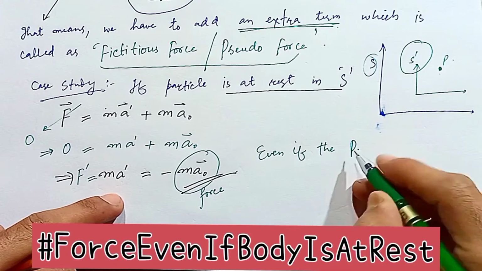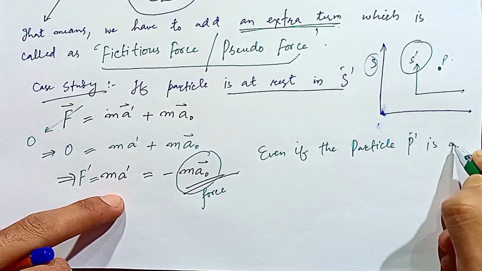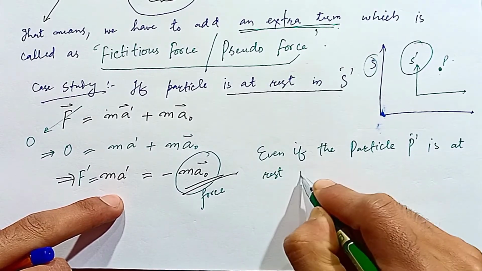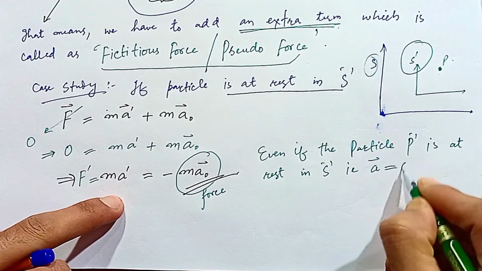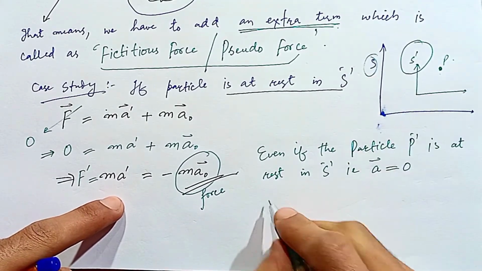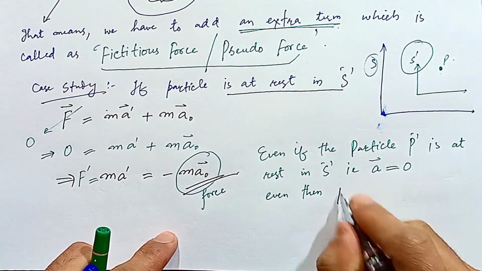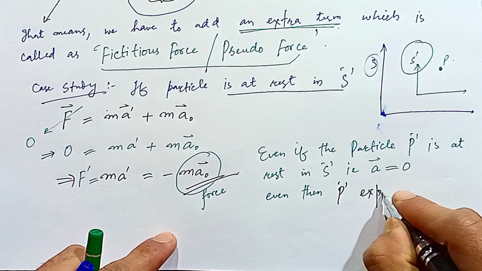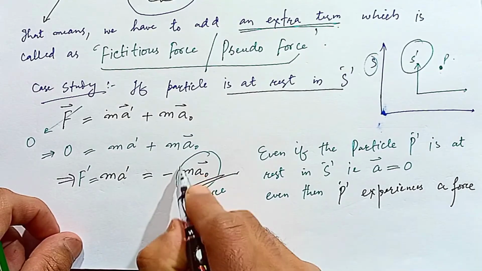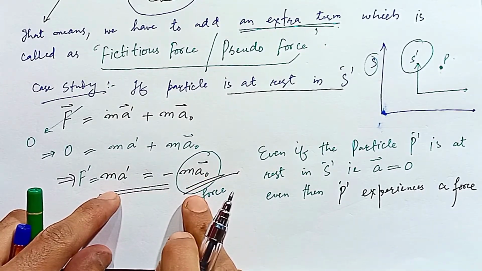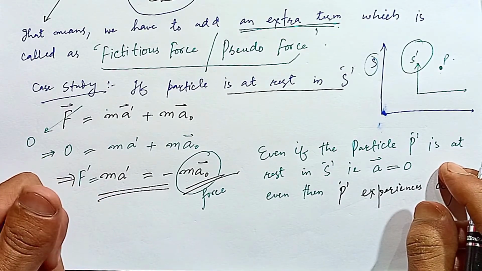That means even if the particle P is at rest in frame of reference S, that is, the acceleration is 0 inside the frame of reference S, even then the particle P experiences a force, which is this very force. That force is not because some external force is applied onto it.